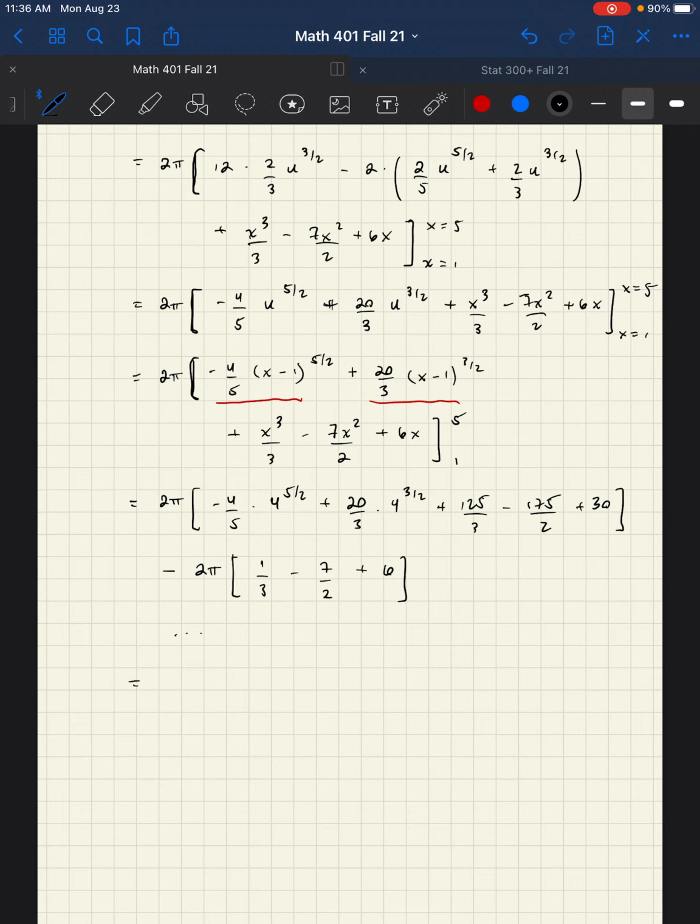And then if we insert some tedious algebra here, fill it in yourself, we should end up with 272 pi over 15. And that is our answer.